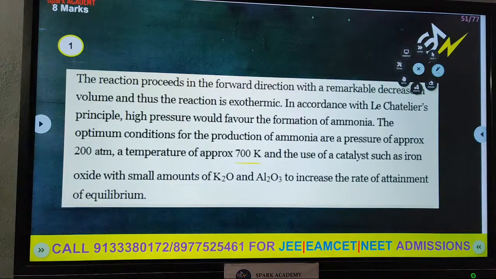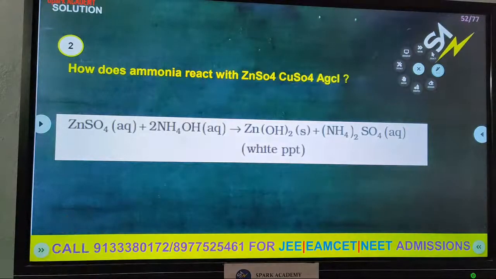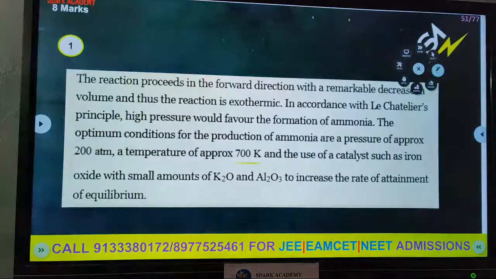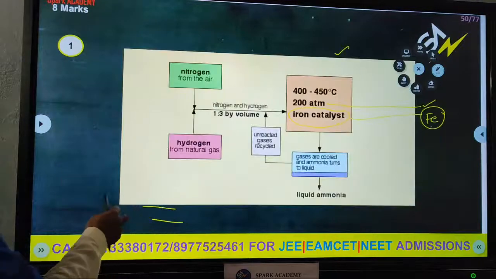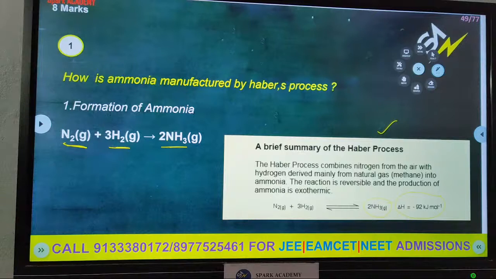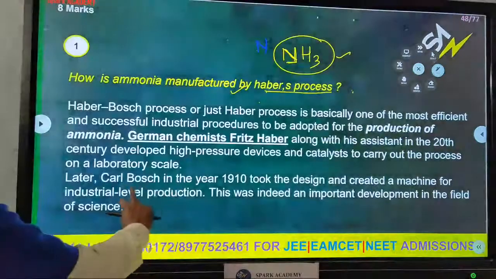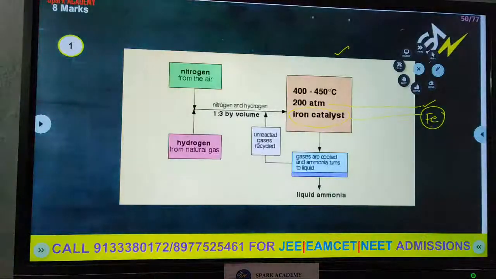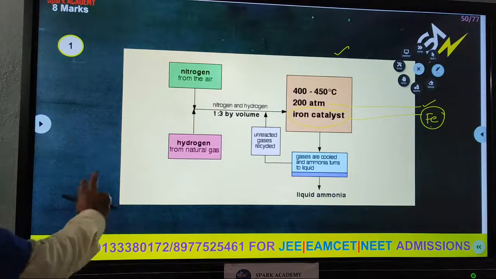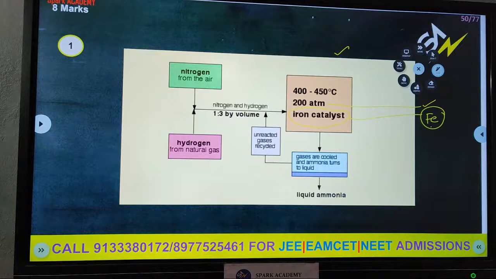Here equilibrium is attained, because the rate of the forward reaction and the rate of the backward reaction are in equilibrium. So it is the preparation of the ammonia. What are the favorable compulsory things? Temperature, optimum temperature. Next, pressure, atmosphere. Next, iron catalyst. Clear?